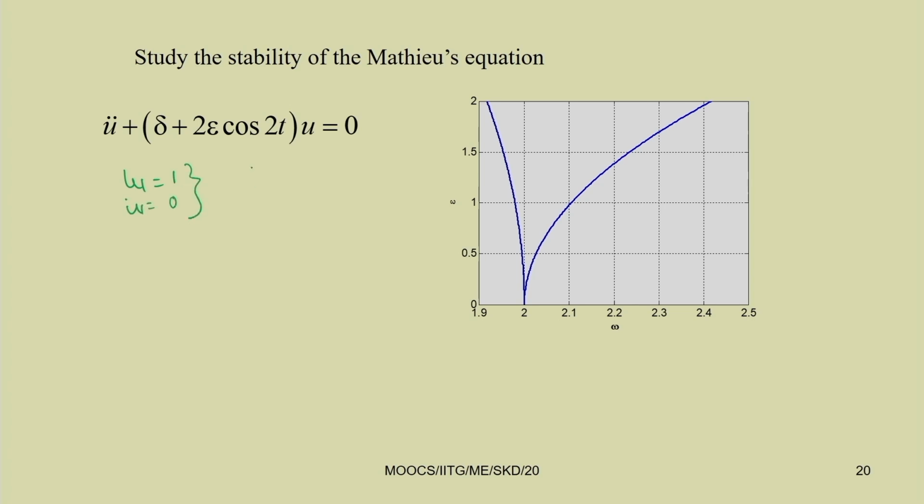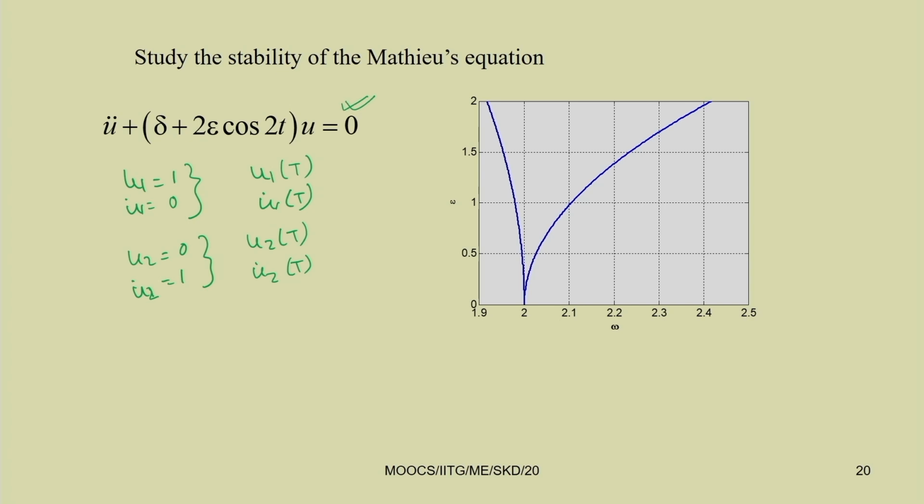We can find u1(T) and u1 dot(T). Similarly, starting from u2 equal to 0 and u2 dot equal to 1, we can find u2(T) and u2 dot(T). After finding these 4 parameters, we can get this by solving this equation, and for this equation we can use the Runge-Kutta method.